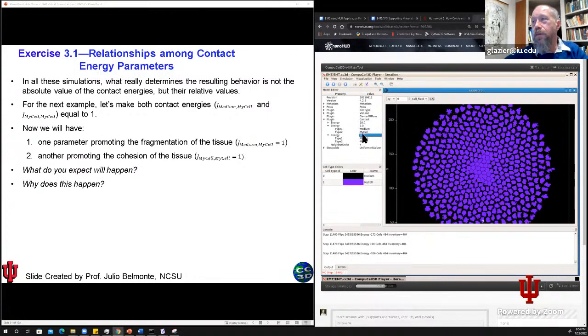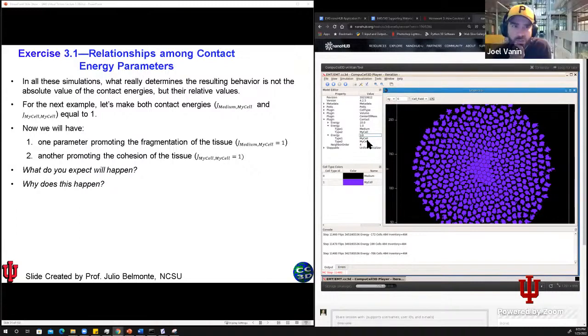Okay. And now if I make cell contact energy 1 again, what's going to happen? Somebody guess? Think. What's going to happen? They will start to clump on each other. Right. Notice when I made the cell-medium contact energy 1, the cells are very irregular individually. And I see here this cell split.